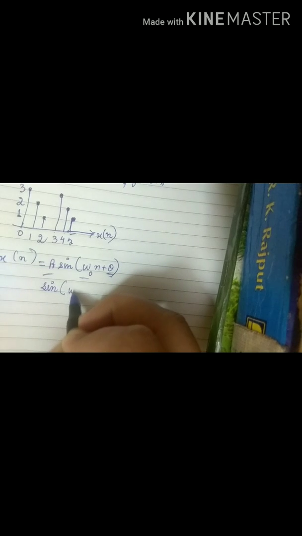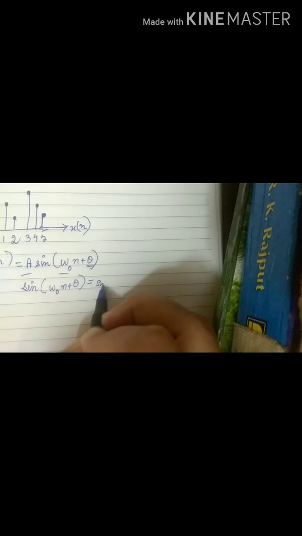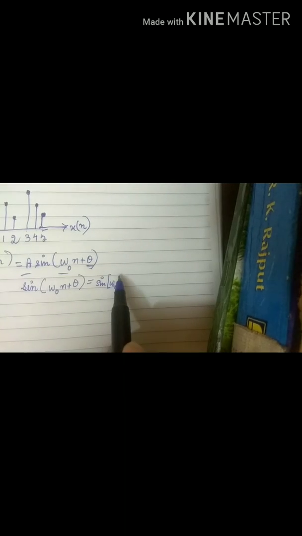sin(omega naught n + theta) must be equal to sin(omega naught (n + N) + theta).